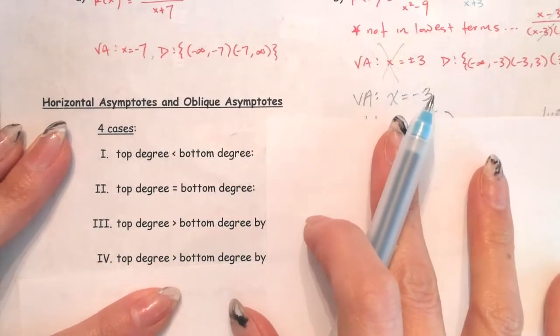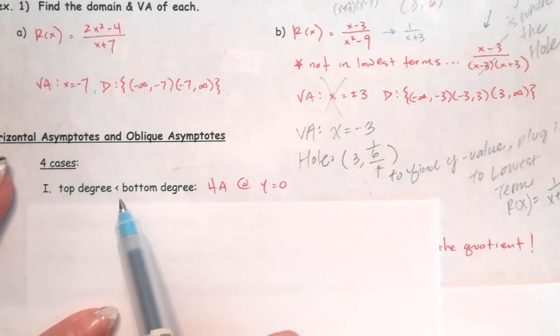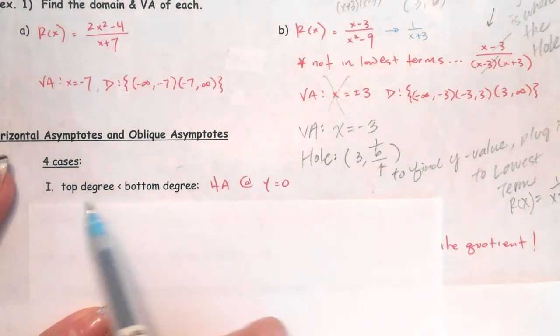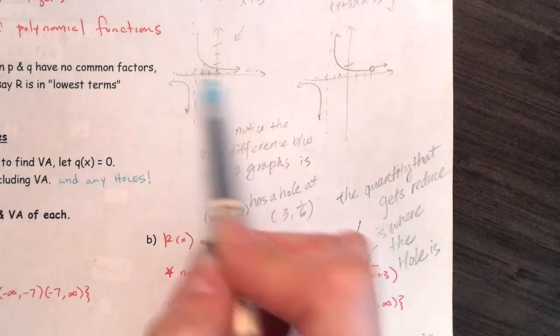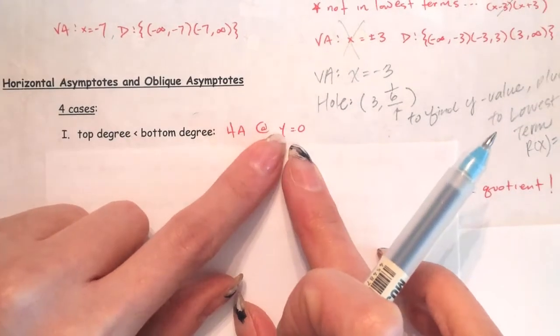There's 4 cases. The first one is the top degree is less than the bottom degree. So for example, x to the first over x squared. That means that the horizontal asymptote is y equals 0. Look at this graph. There's a horizontal asymptote at y equals 0 at the x-axis, right? That's what y equals 0 is, the x-axis.